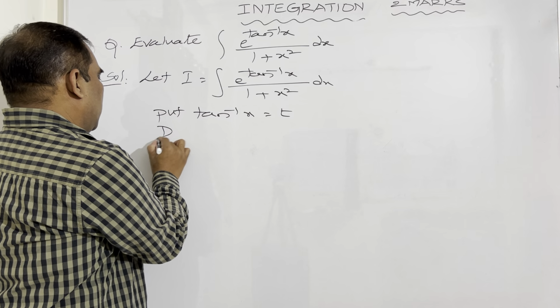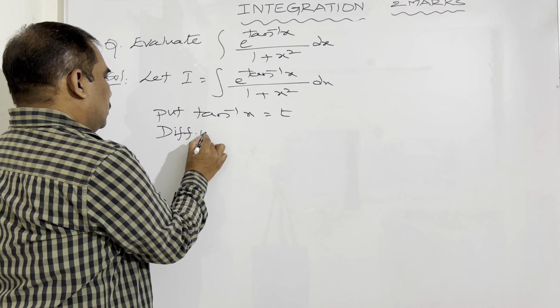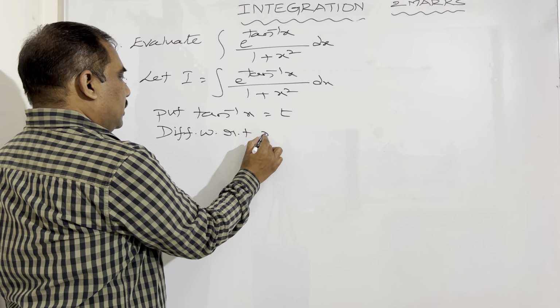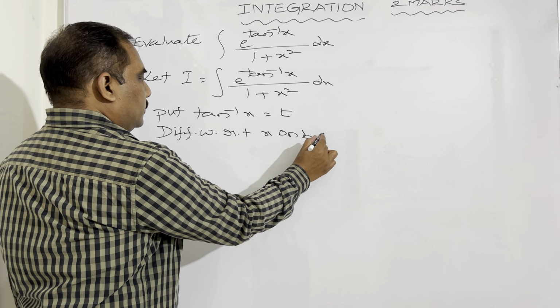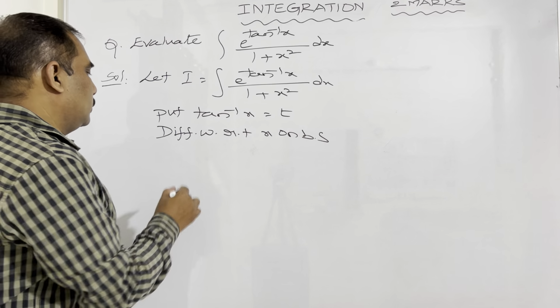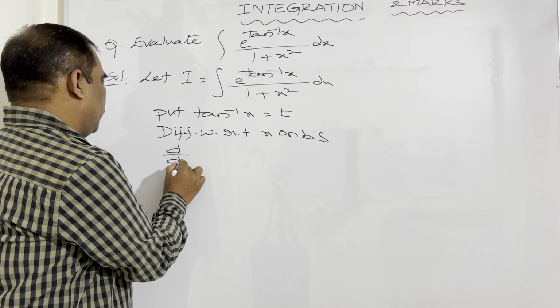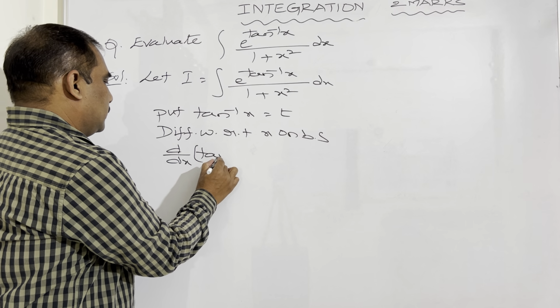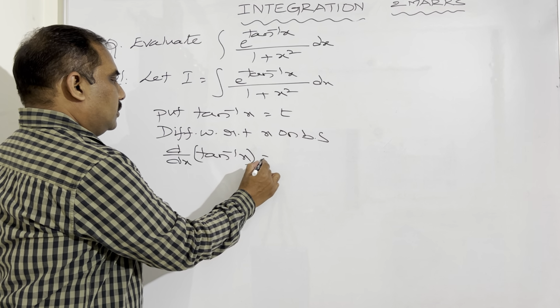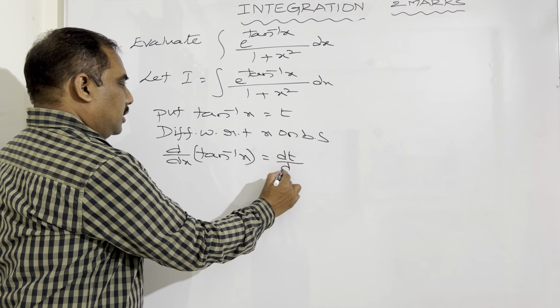Now differentiating with respect to x on both sides, d by dx of tan inverse x is equal to dt by dx.